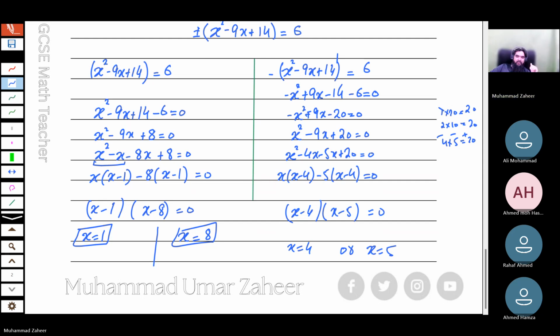Okay. In quadratic functions, we have learned how to solve quadratic inequalities. Do you know how to solve quadratic inequalities?